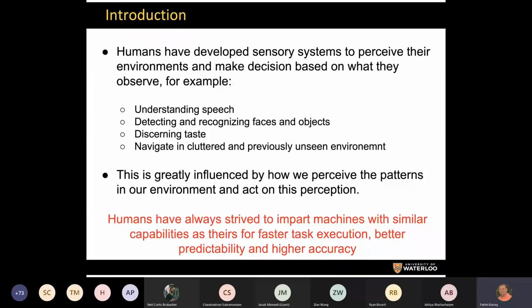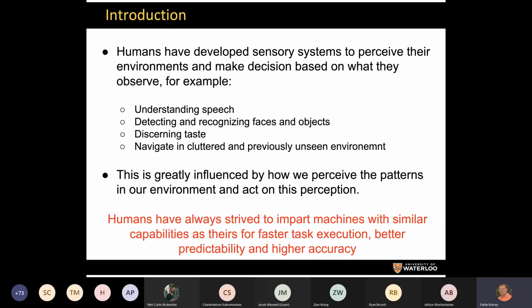So when we look at the variety of challenges that were noted for several years in the 50s, 60s, 70s, 80s, even the 90s, there were a lot of issues replicating the main capabilities of a human: understanding speech by a machine, how to detect and recognize faces and objects, how to navigate in cluttered and previously unseen environments.